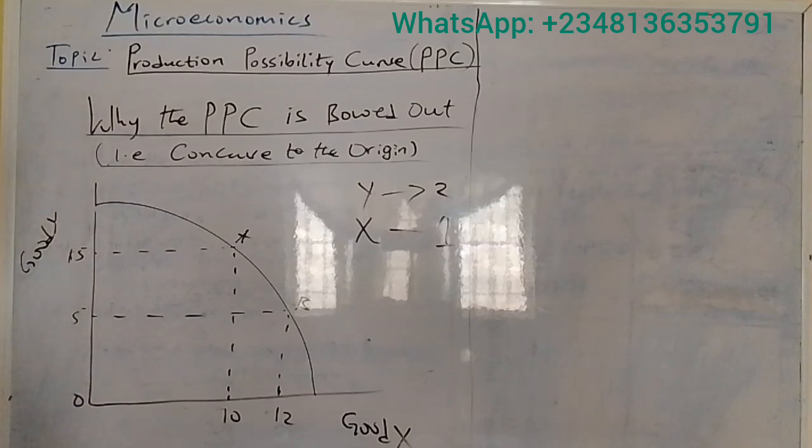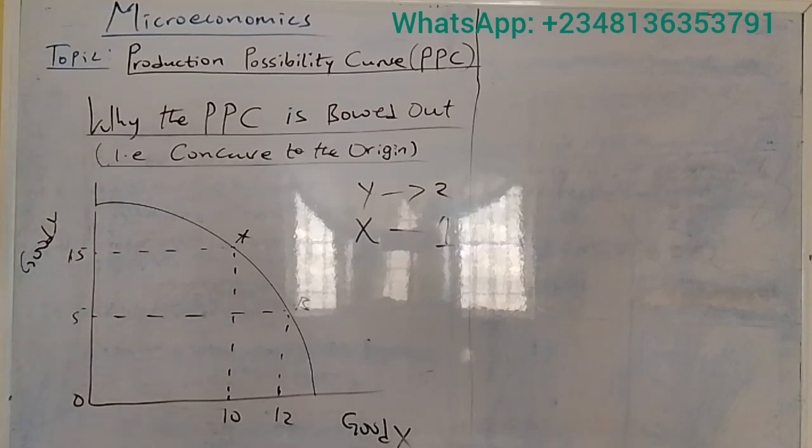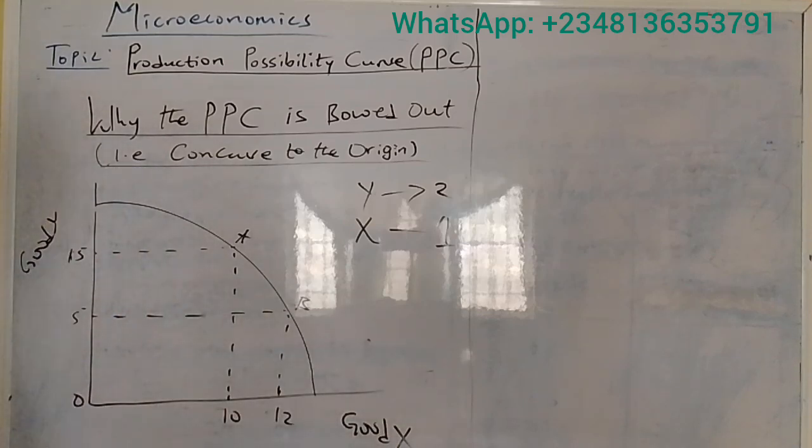That is, as the country continues to reallocate the resources away from production of good Y in order to have more units of good X, the country will sacrifice more and more units of good Y. We are asked, why is it that the production possibility curve is bowed out or concave to the origin?